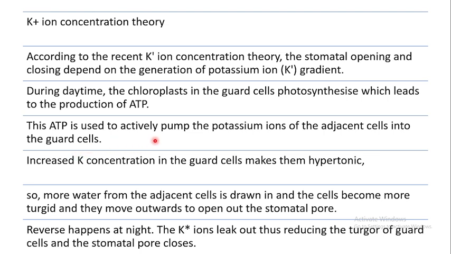Always remember, in active transport, what happens? The ions or the solute will move from lower concentration to higher concentration, correct? So in the adjacent cells, even if potassium ions are there in low concentration, the ATP is used to drive them into the guard cells. Now increased potassium ion concentration in the guard cells makes them hypertonic. I have already explained hypertonic solution in my last lecture.